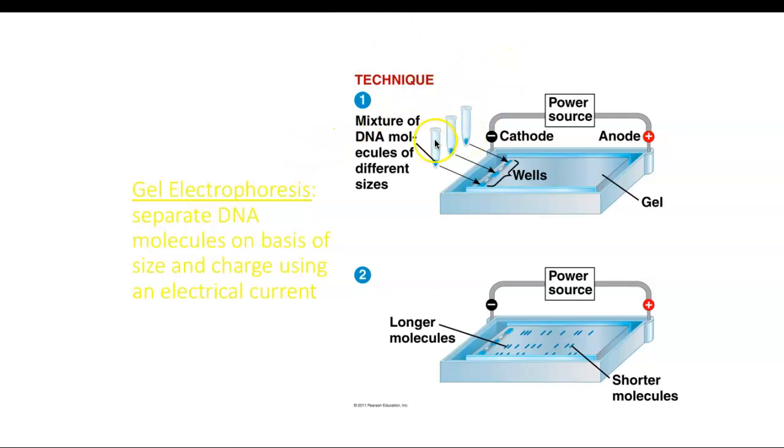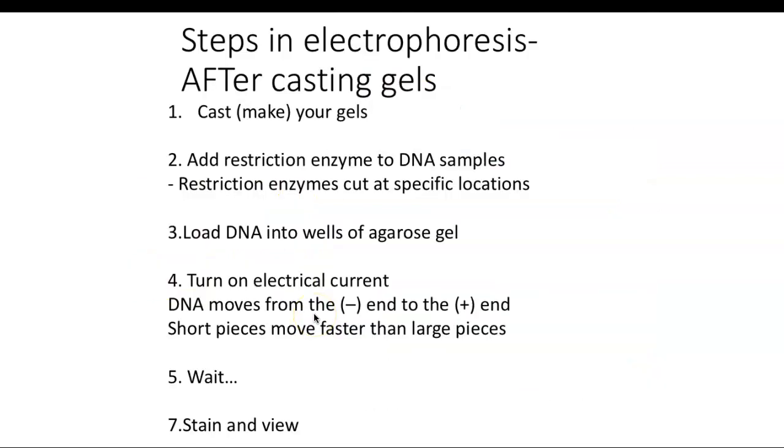So if 2 samples were identical, that enzyme is going to cut those samples at the exact same spots, leading to the exact same fragments in each one. And then you run them through the gel, and then at some point you push stop on the power source, and then you compare the banding pattern.